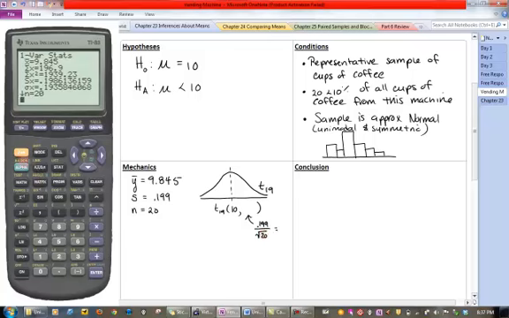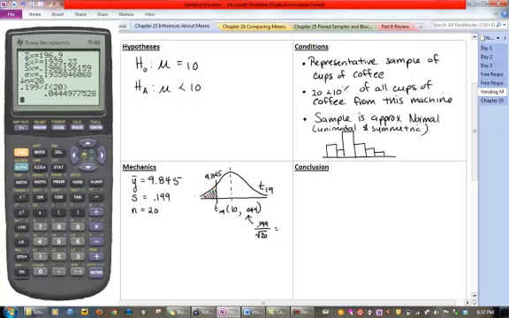And so we'll go back to our calculator and we'll say 0.199 divided by the square root of 20. And that's 0.044. And we're comparing our mean, which was 9.845, and we want to see if we are that far below.